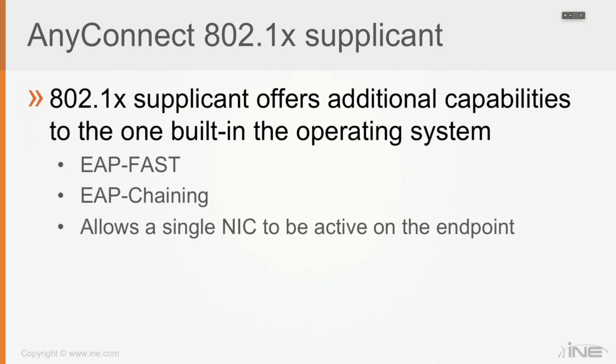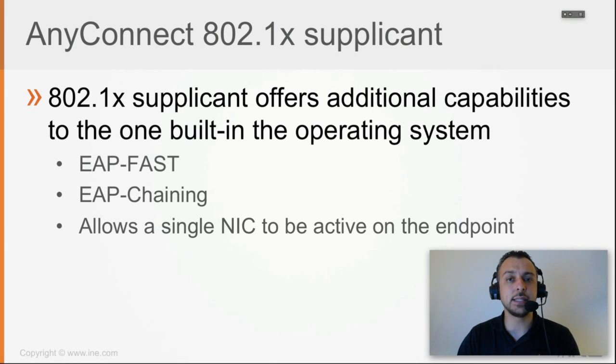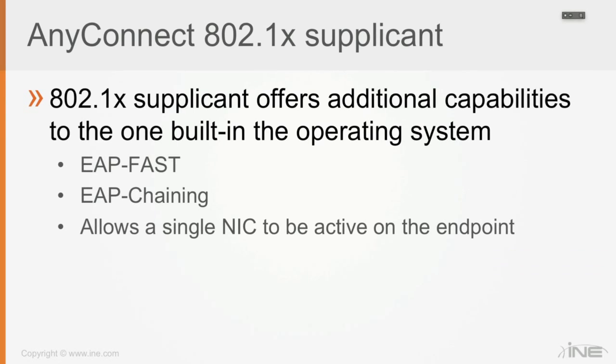So the .NET supplicant means that instead of using the built-in operating system supplicant, you may choose to install AnyConnect as a supplicant. In that case, the .NET authentication process on the system is going to be controlled by AnyConnect, not by the built-in Windows or Mac supplicant. And except for the fact that it's a different supplicant, it adds a lot of other capabilities.